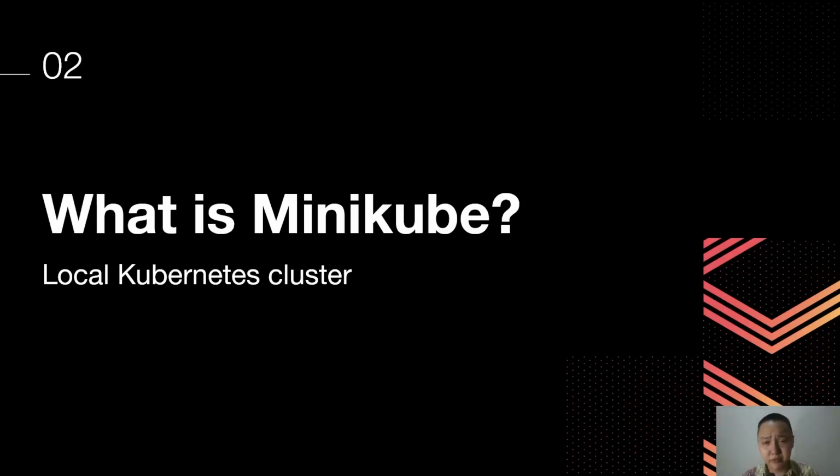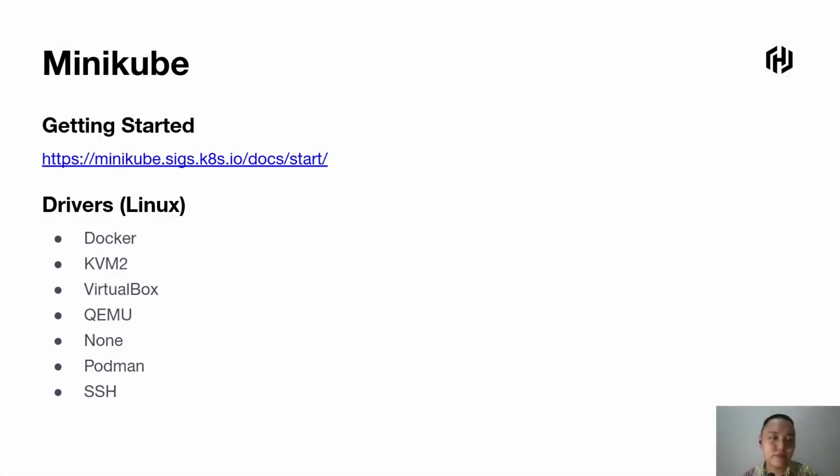You might be wondering, what is Kubernetes cluster? It's okay, don't worry. If you want to get started more, and want hands-on experience with Minikube, I suggest visiting this website.